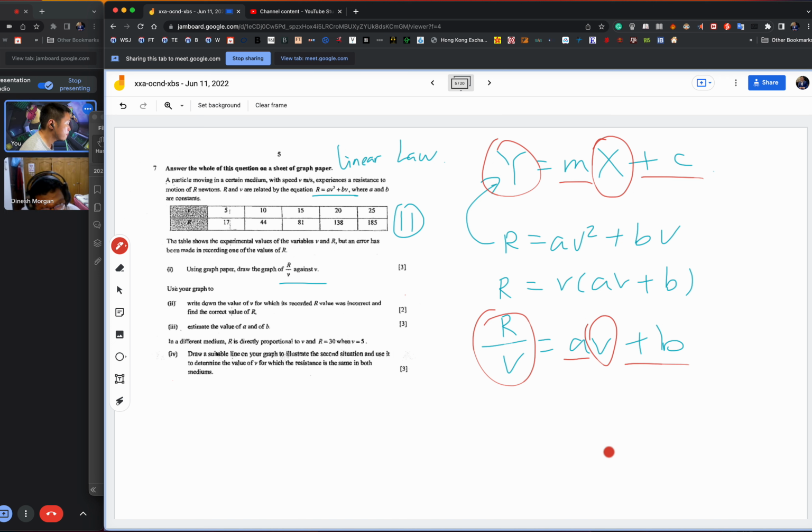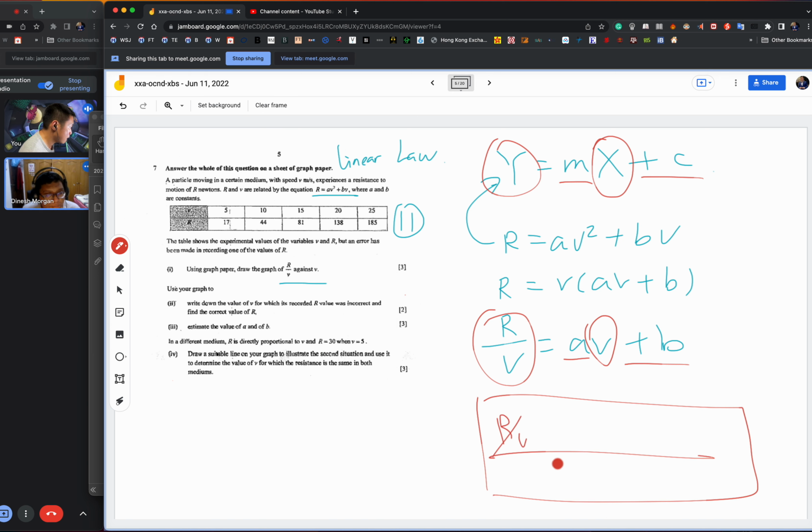Okay? And in fact, you have to get the table. Basically, you need to get R over V, so you just get another table. R over V, and then V. So V equals 5, 10, 15, 20, 25.